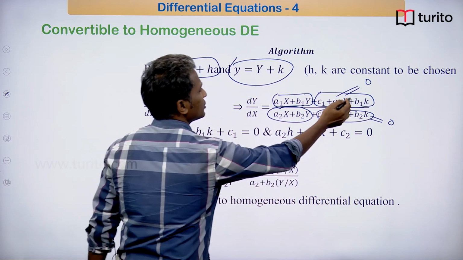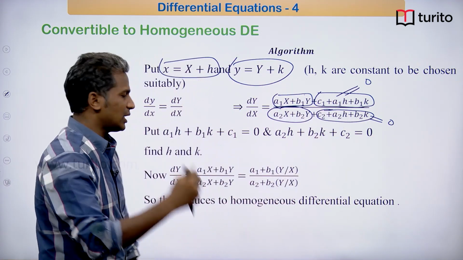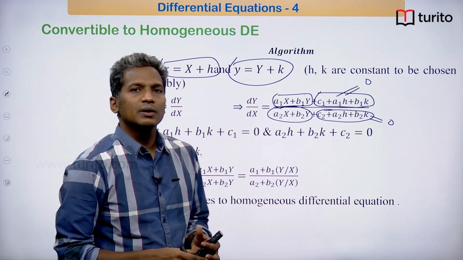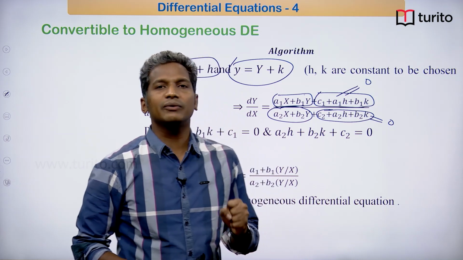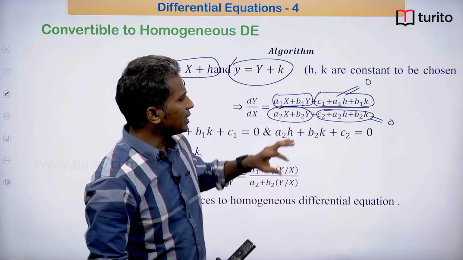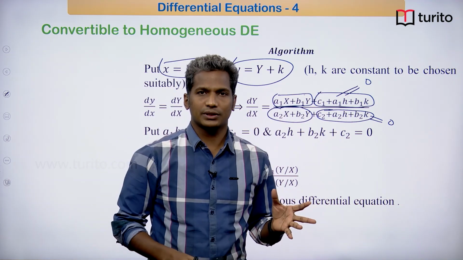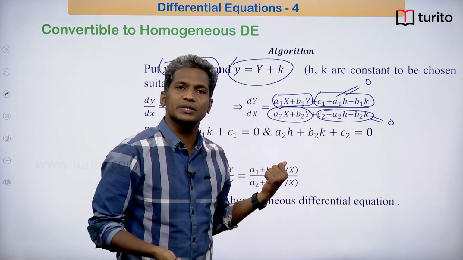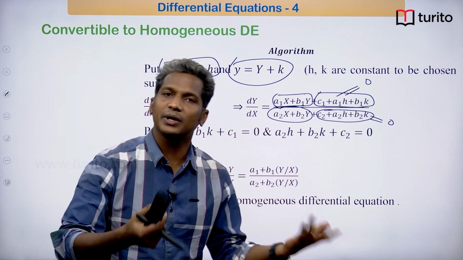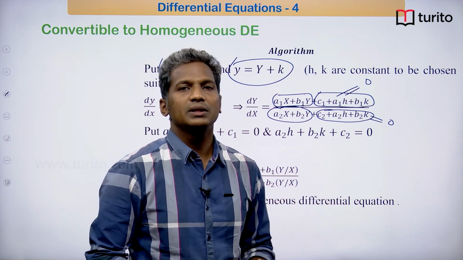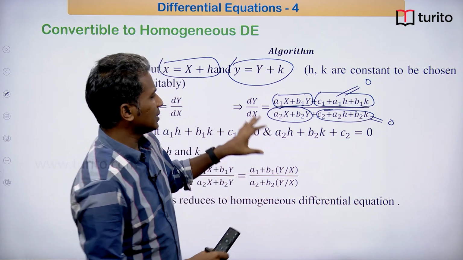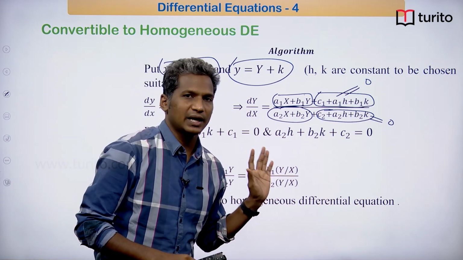So, when I enforce it, I will get two values, one for h and one for k, which also means by choosing those appropriate values of h and k, we can make sure that these two terms are zeros. Now, once these two terms are zeros, then the equation will naturally become the homogeneous type. Then we will solve it using the regular method. Okay. So, this is the overall approach of the entire method.